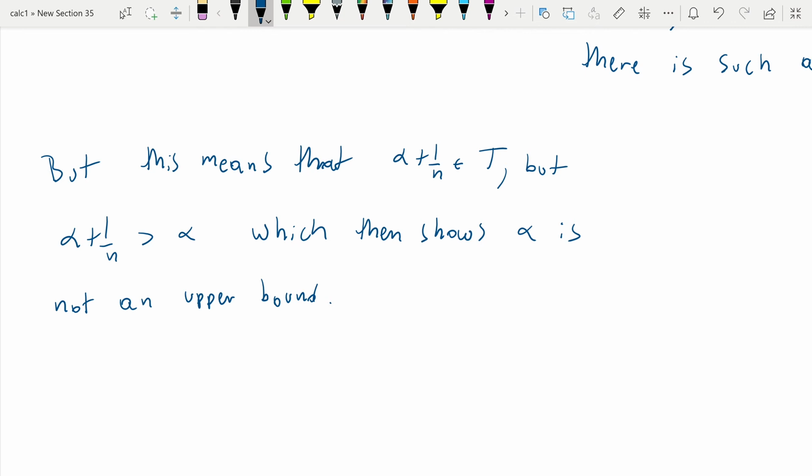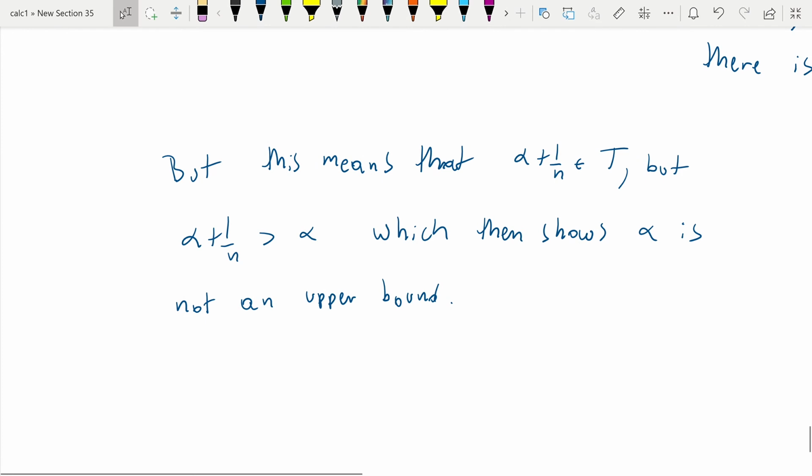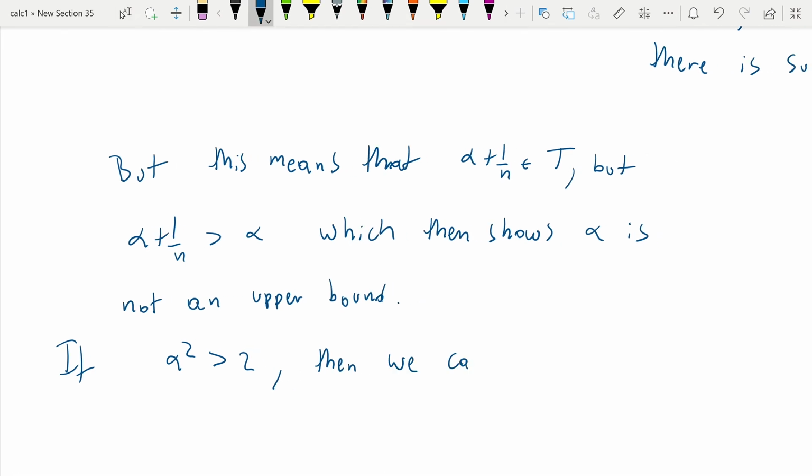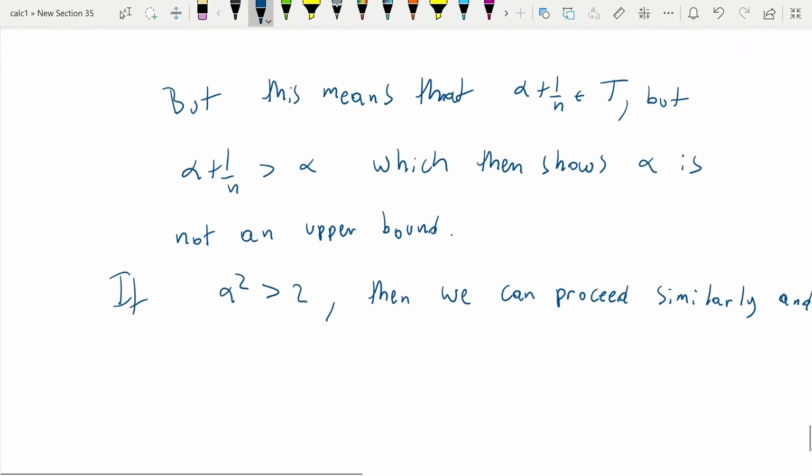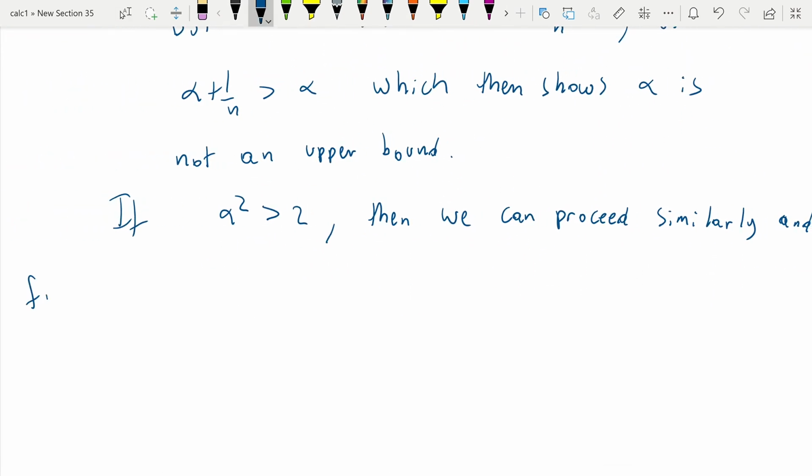Okay, but now what happens on the other side? Now if alpha squared is greater than 2, then as you can probably guess, we can proceed similarly and find some n in N such that alpha minus 1 over n squared is still greater than 2.